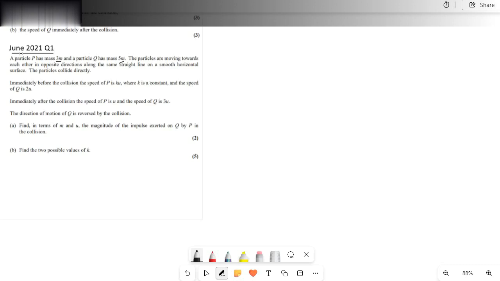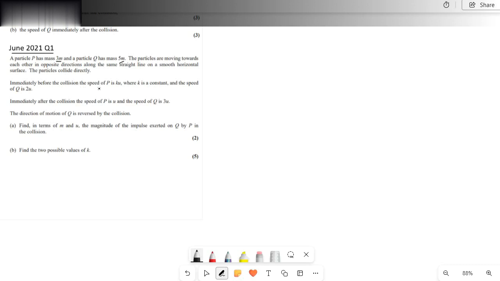For the next question, we have a question from 2021 June, Number 1. A particle P has mass 3m and a particle Q has mass 5m. The particles are moving towards each other in opposite directions along the same straight line on a horizontal surface. The particles collide directly.